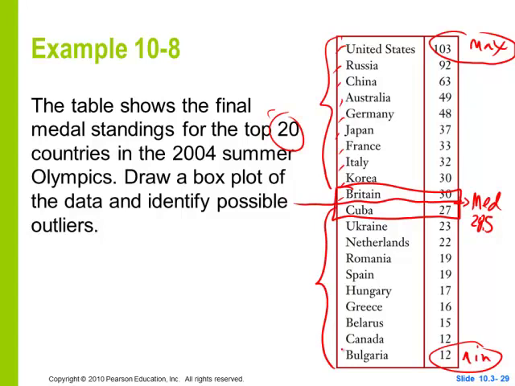Those end up being included in your upper and lower half. When it's an odd number, you just throw that middle number out. But here, those get thrown in, and so now you have 10, and so numbers 5 and 6 help you get Q3 and Q1.